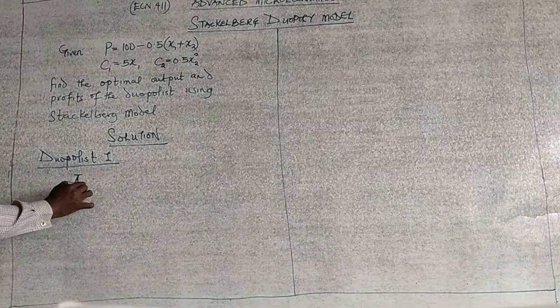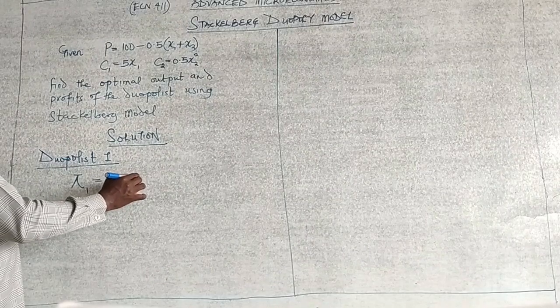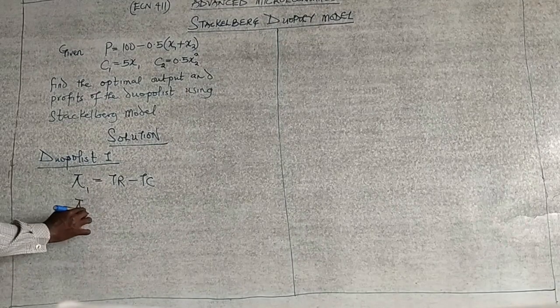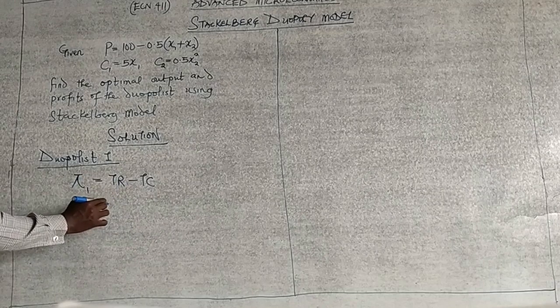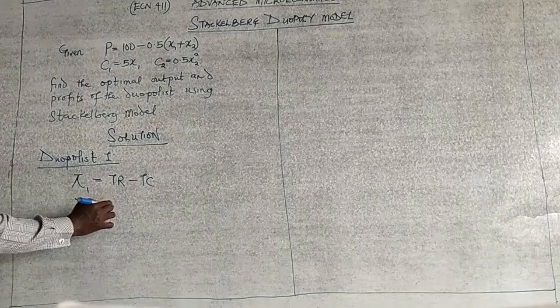So let's first get the profit function of duopolist 1. For duopolist 1, the profit function, profit is always total revenue minus total cost. Are we together? And total revenue is always price times quantity.